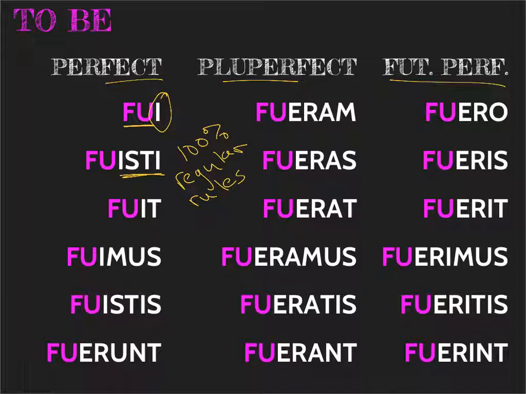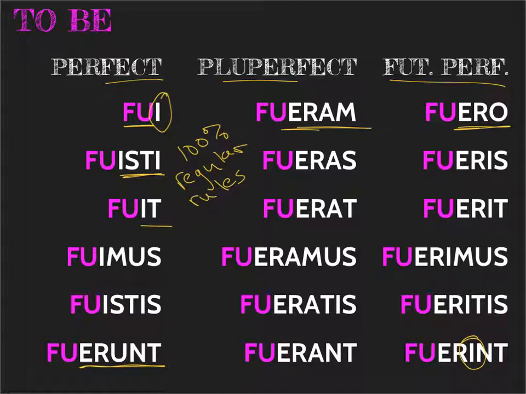So as long as you know the perfect stem, you could conjugate any verb on the planet in the perfect tense, i, isti, it, imus, istis, erunt, the pluperfect, eram, eras, erat, eramus, eratis, erant, and the future perfect, ero, eris, erit, erimus, eritis, erint. Again, the tricky thing is that here it is erint because we've already used erunt in the perfect.